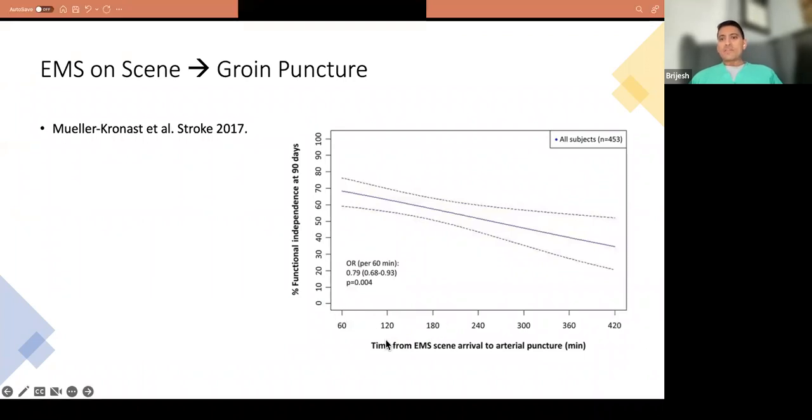That whole spectrum of care from EMS on scene to triage to the most appropriate stroke center to access and opening up the vessel, the faster that happened, the better the outcome for the patient. So here on the y-axis, you can see the outcome of those patients, likelihood of being independent at 90 days, and on the x-axis, the time lapse from time EMS was on scene.